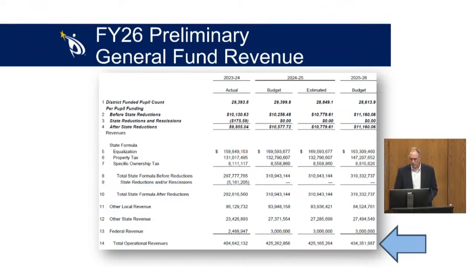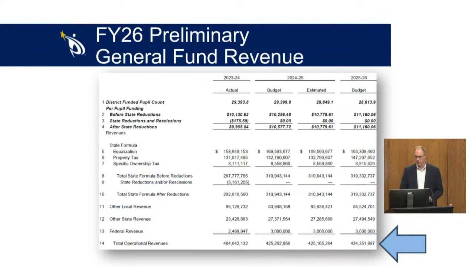We anticipate that the formula will drive $147.2 million of property tax into the system and another 8.8 of specific ownership tax. Remember, specific ownership tax, those are the taxes on licensing vehicles and boats and those kinds of things. Right, so line 8 details our total state formula, also known as the total program.